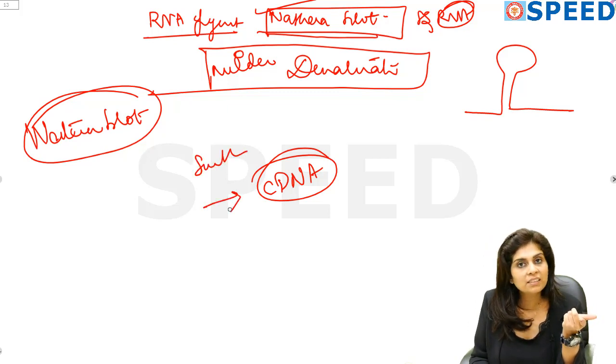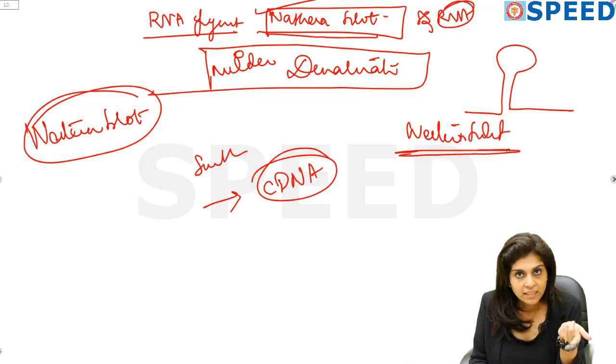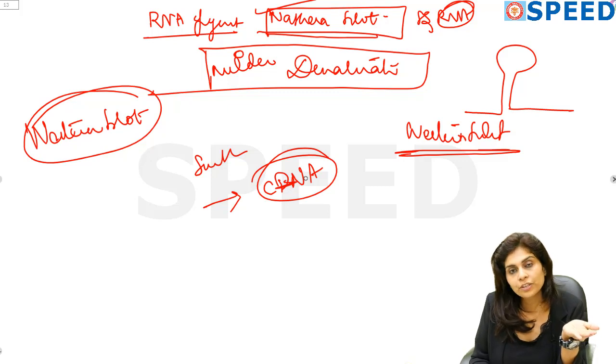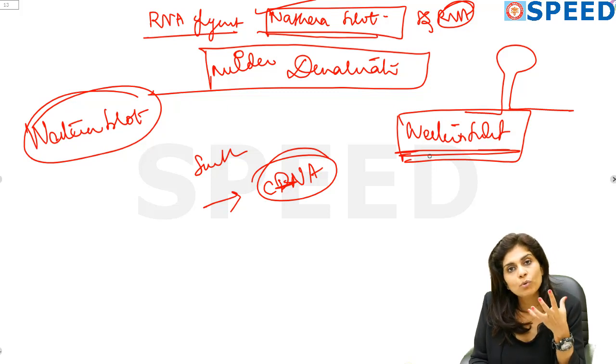It's a complementary DNA. Whereas if it's western blot, for you to identify an unknown protein, can you use a cDNA as a probe? You can't. cDNA is not going to go and bind to the protein. So in western blot, to identify an unknown protein, you synthesize antibodies.